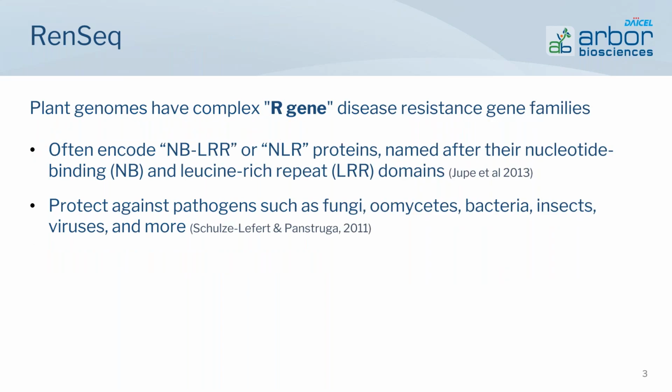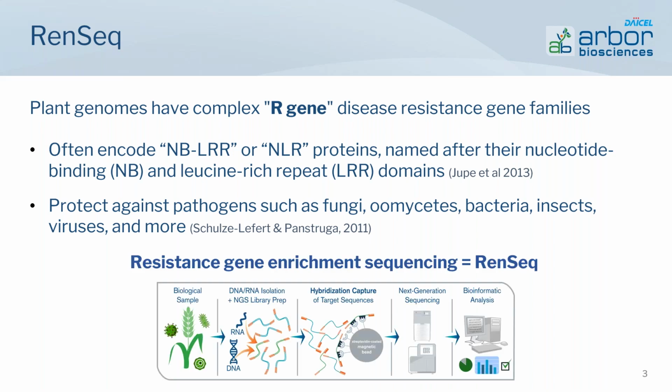One of the most agriculturally important groups of plant genes are called the R genes. This is a complex family of genes which typically encode nibbler or NLR proteins. And in plants, they function in disease resistance to many pathogens, including fungi, bacteria, viruses, and more, which makes them incredibly relevant to understand and develop in an agricultural context.